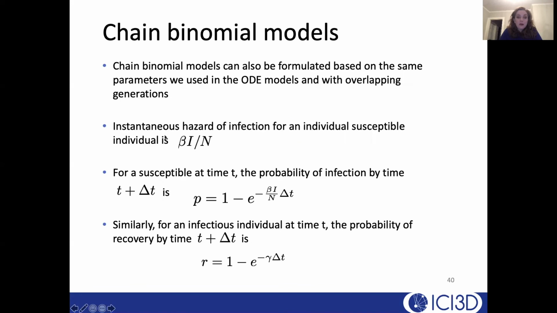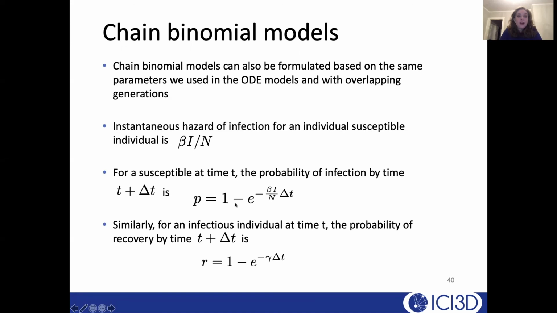Some of the simple models have an instantaneous hazard of infection for a susceptible individual of beta I over N. And then we can define this probability of infection by time t for a susceptible individual using this hazard of infection, and then multiplying that by the duration of time.